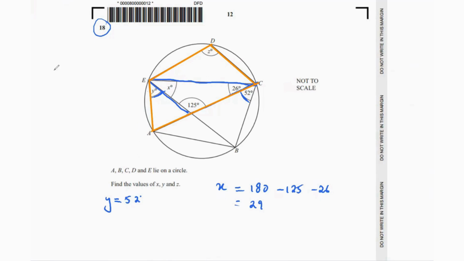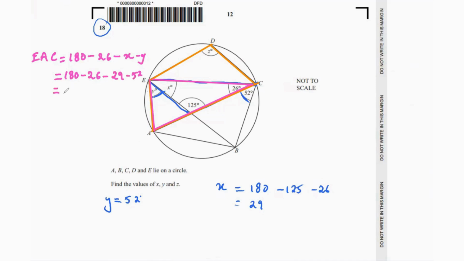So using the triangle inside this, so using this triangle first, I'm going to find angle EAC. So angle EAC is going to be 180 minus 26 minus X minus Y. So we know X and Y are 29 and 52.